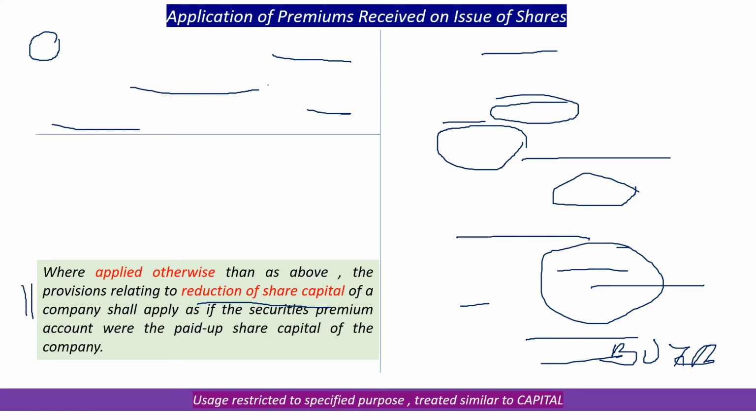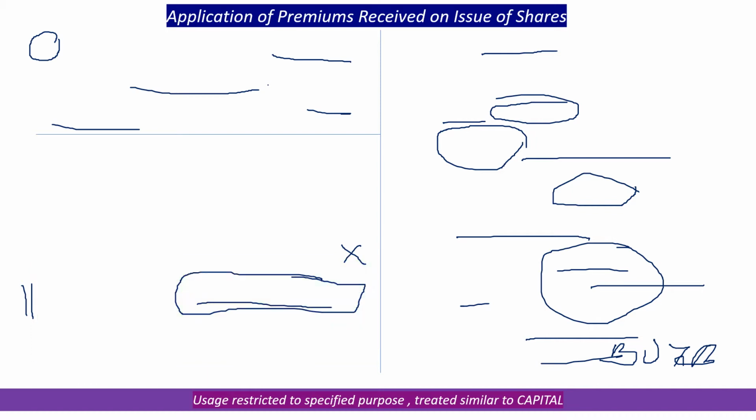Therefore, if it amounts to reduction of capital, the company has to ensure that it has followed the procedure prescribed in the Act for reduction of capital. Else, it will be an offense by the company. Now, this is in brief about share premium.